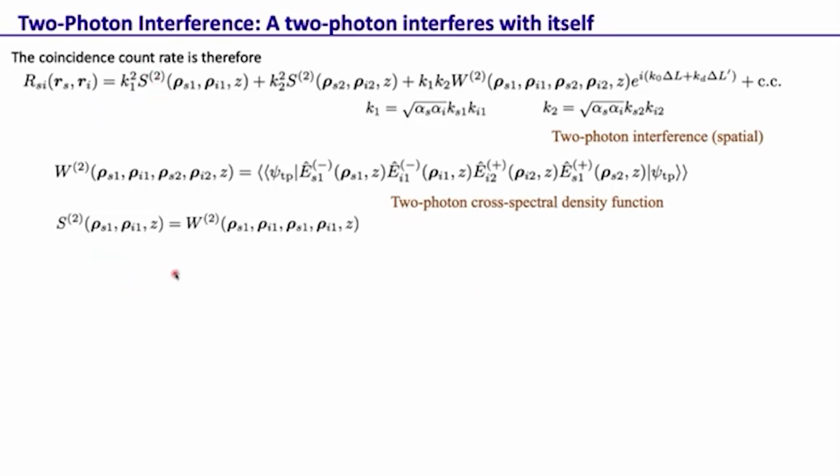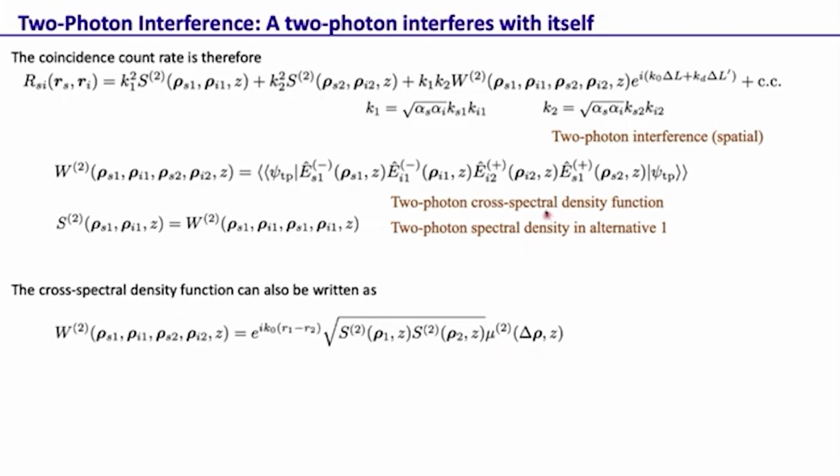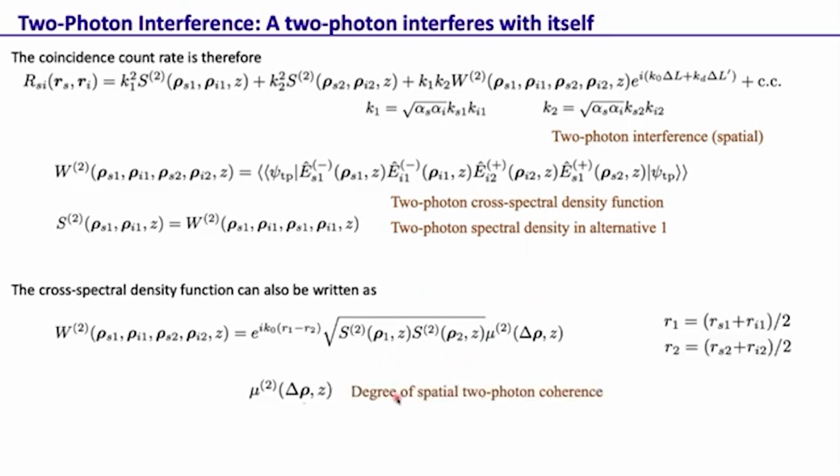And this one we can call the 2 photon spectral density in alternative 1. Similarly, this one is the 2 photon spectral density in alternative 2. And the cross spectral density we can then write in this manner, where we are introducing the spectral densities and this function, which is the degree of spatial 2 photon coherence.